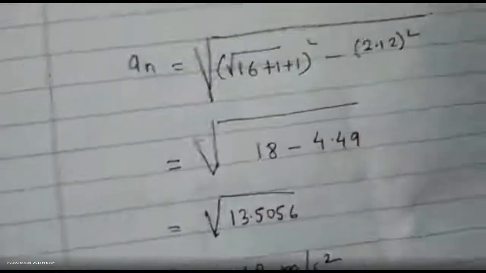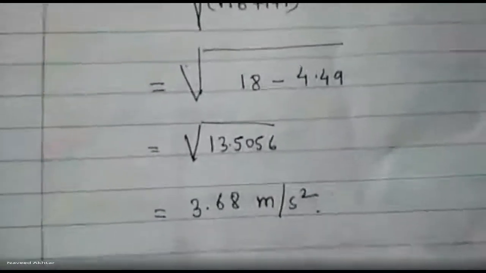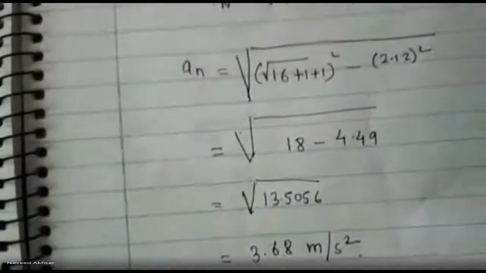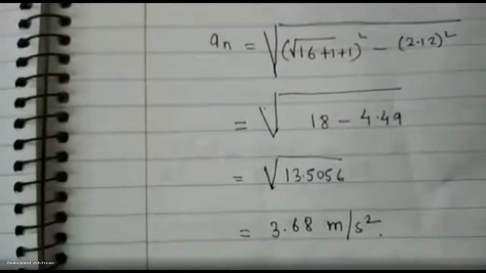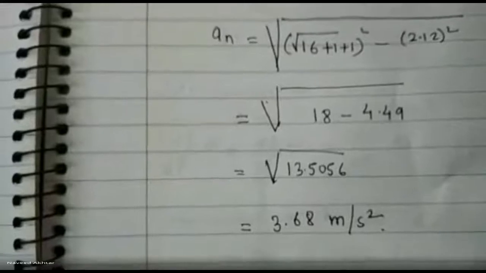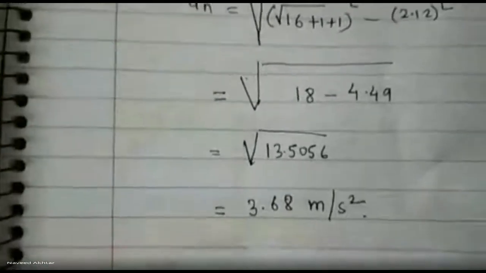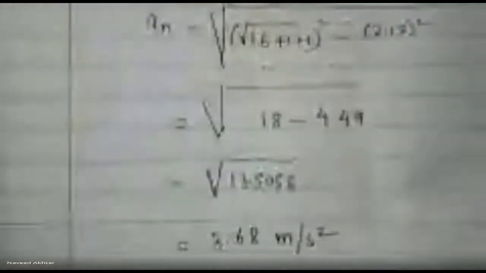So likewise, if the velocity field is given, you can find out the acceleration field, and from the velocity field and acceleration field, you can find out the parallel and normal components of acceleration with respect to the velocity in motion.